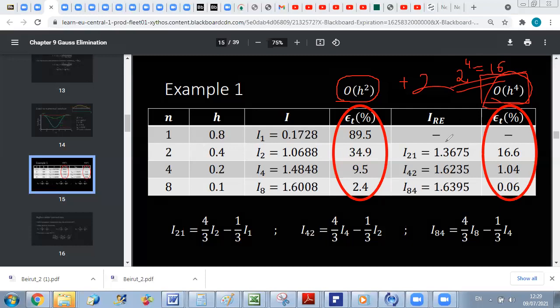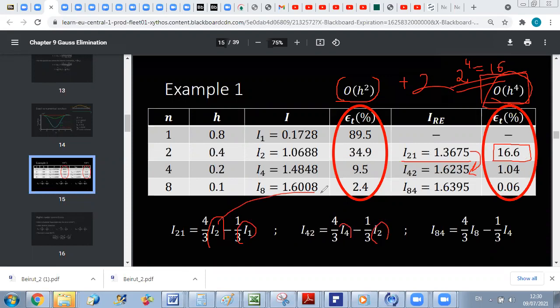Because here, for example, when you use the first estimate I21, you got 16.6 as percentage of error. Now, going from I21 to I42 is equivalent to dividing h by 2. Why? Because in I21 you are using I2 and I1, while in I42 you are using I4 and I2.